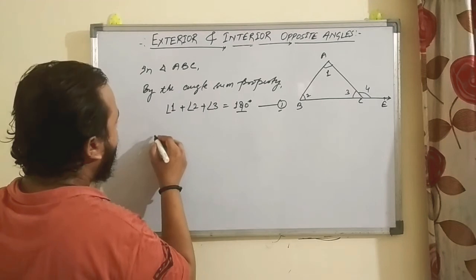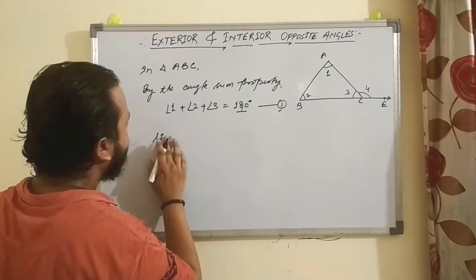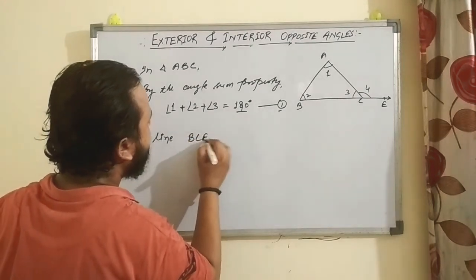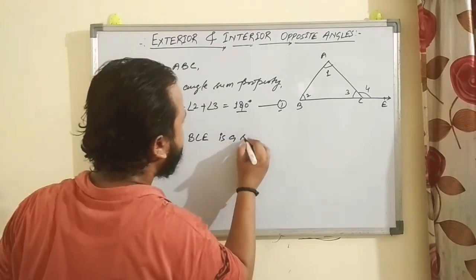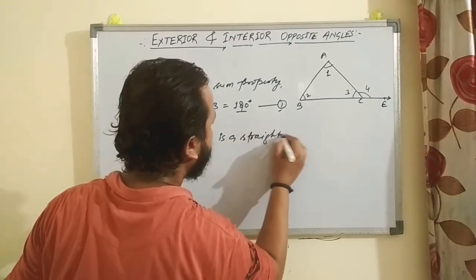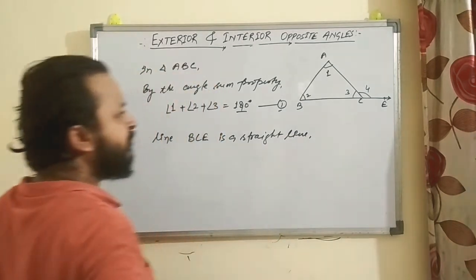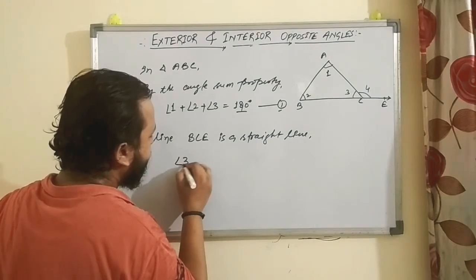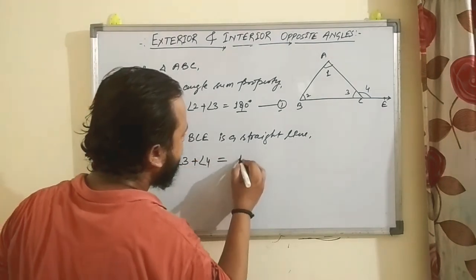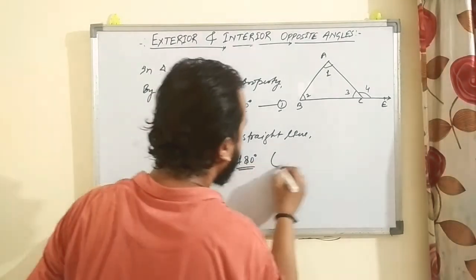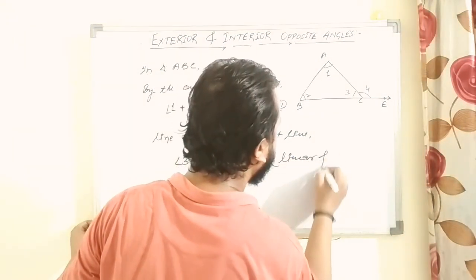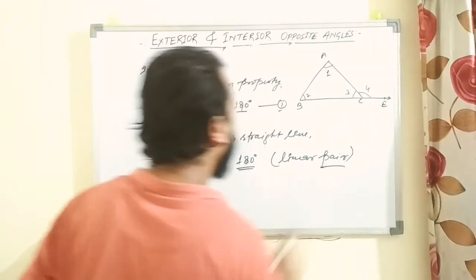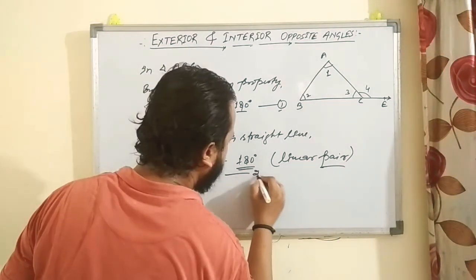So line BCE is a straight line, right? So this line is a straight line, at point C they are making an angle. So sum of angle 3 and 4, this must be equal to what? 180 degrees, right? Why? Because they are linear pair. So we name this equation 2.